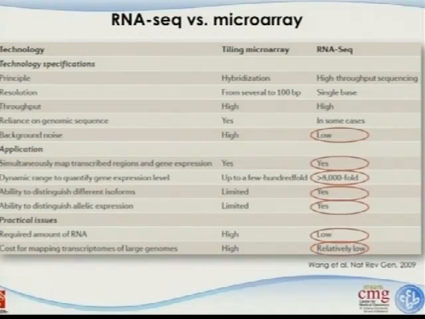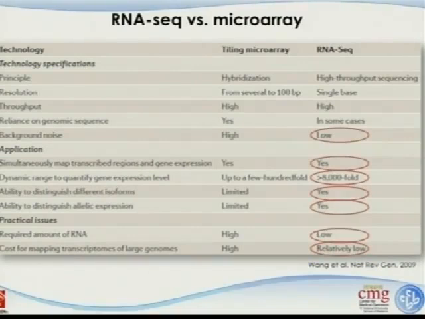For arrays, the dynamic range is a couple of hundredfold, meaning the lowest reliably detected gene and the highest ones differ by only a couple hundredfold. For RNA sequencing, it's larger than 8,000-fold, and in some cases over 10,000-fold. The ability to distinguish different isoforms is really limited for arrays, but RNA sequencing, as we will get to in the next lecture, does a much better job.